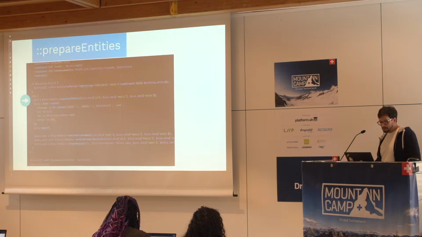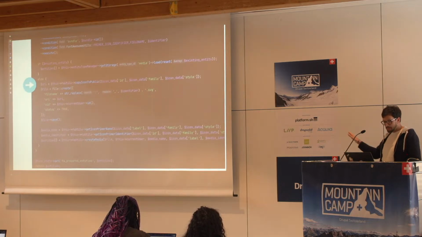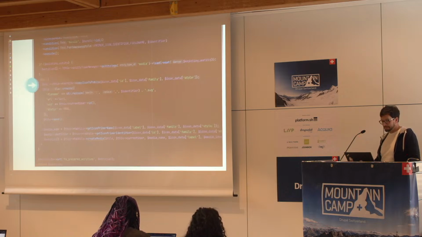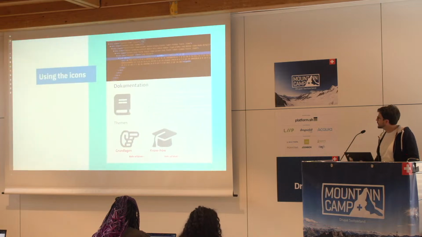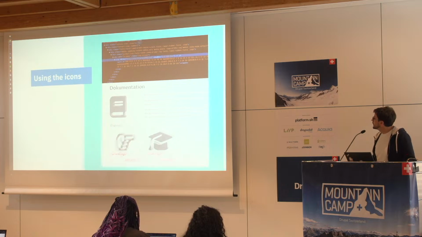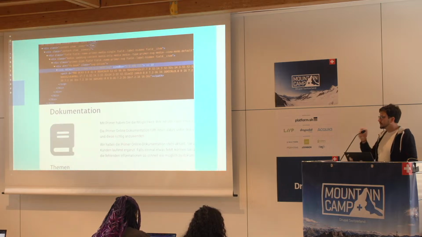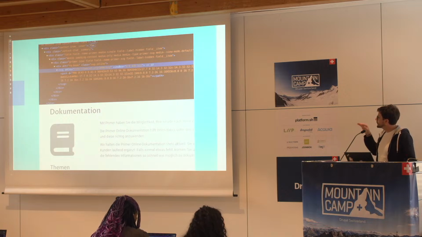In prepared entities, same process again. First, check if there is an existing one, then create a file. And then that's the end result. We have icons there, and they are inline because we are using the SVG formatter. And as I mentioned before, this then allows us to interact via CSS with different parts of the icon.